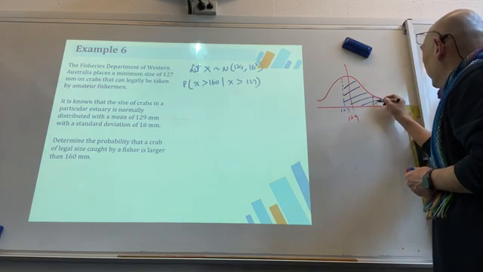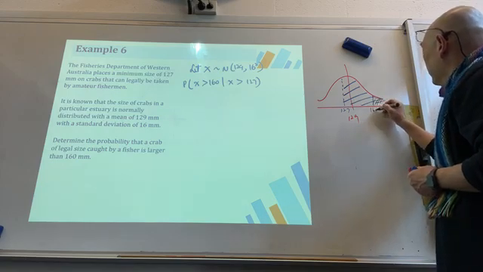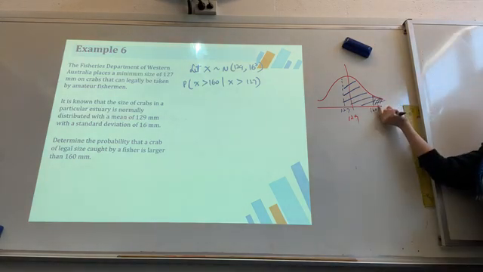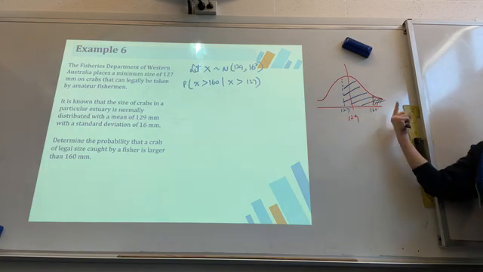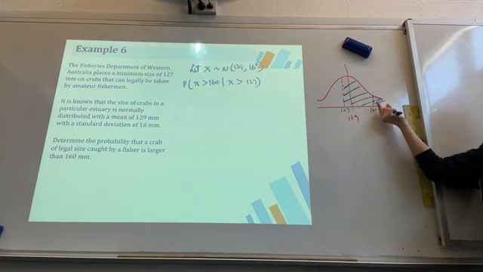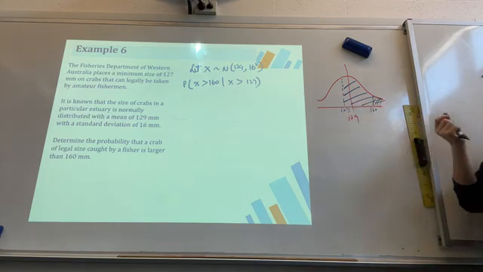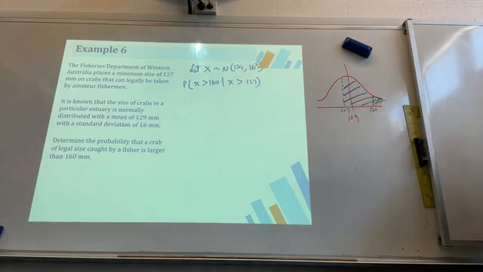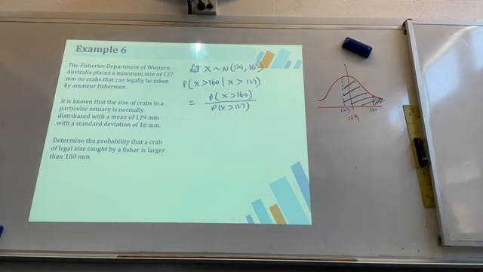So you know that it's this bit over that bit, the little bit here greater than 160 over everything greater than 127. So you could write it down that way: probability of X greater than 160 over probability of X greater than 127.